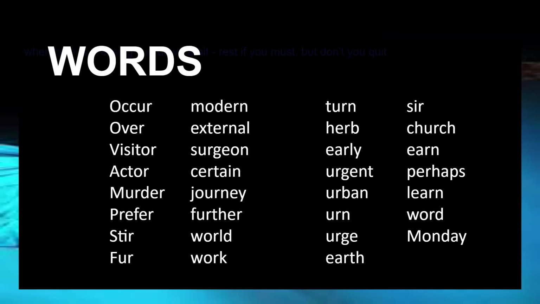So could you say it? Occur. Or you can say occur, but normally we say occur. So I told you the production of the sound is an ah or an e. So occur.